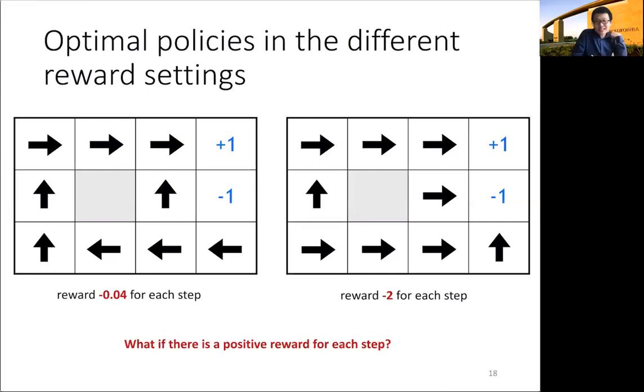Yeah. So in this case, if the positive reward is sufficiently large, then the goal is for you to stay in this environment as long as possible. So chances are you will want to stay here, right? You'll want to stay here indefinitely, and then try moving towards this direction each time.